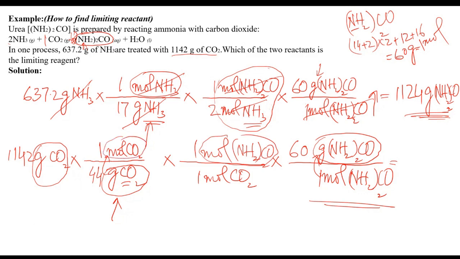And what is written here, write it here. And these values will be from your equation here. It is very simple and easy. So gram of carbon dioxide cancel, mole of carbon dioxide cancel, mole of urea cancelled.